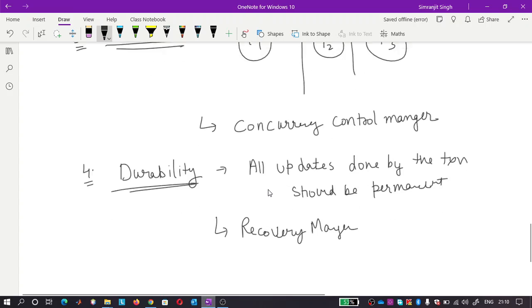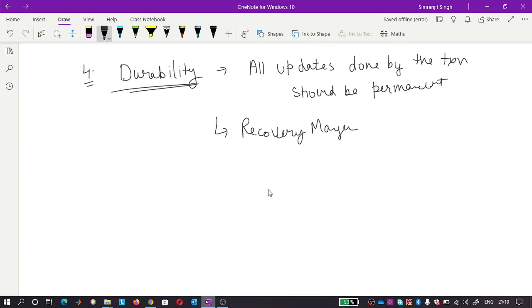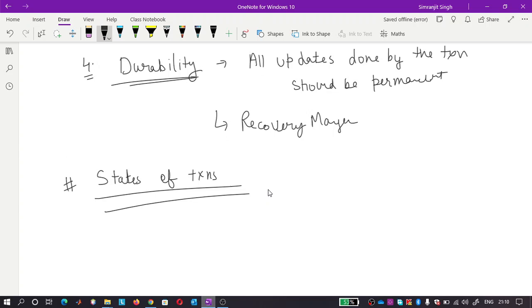Okay, similarly, now we are going to look at the main stages or states of a transaction. How many states may the transaction go through? We will study this.